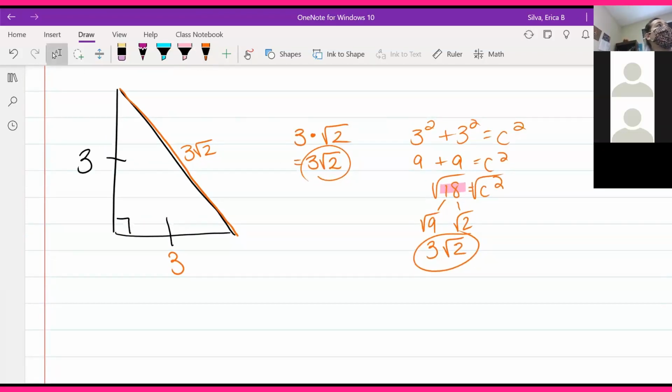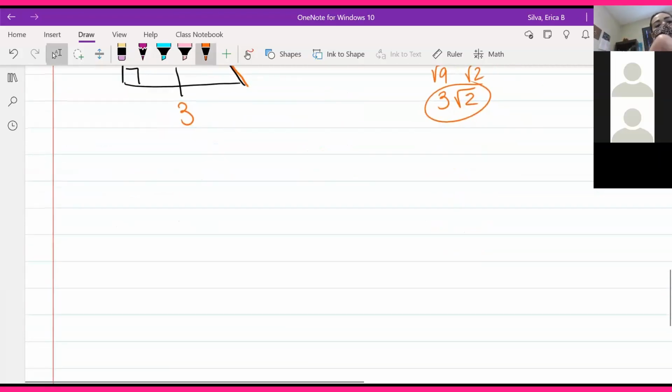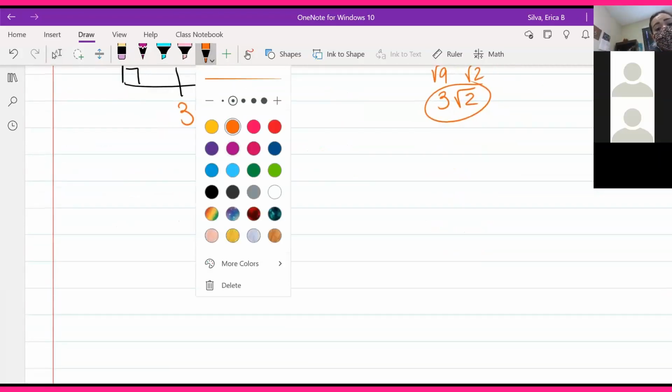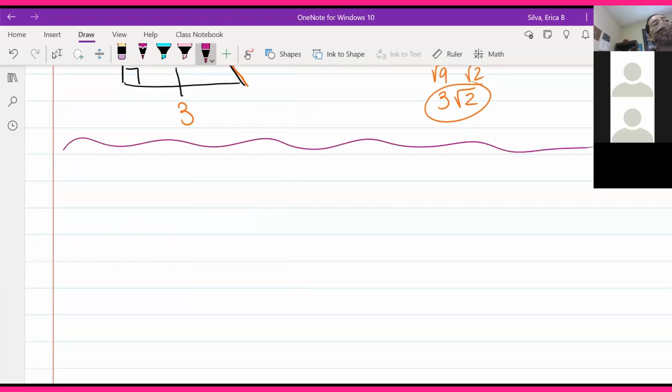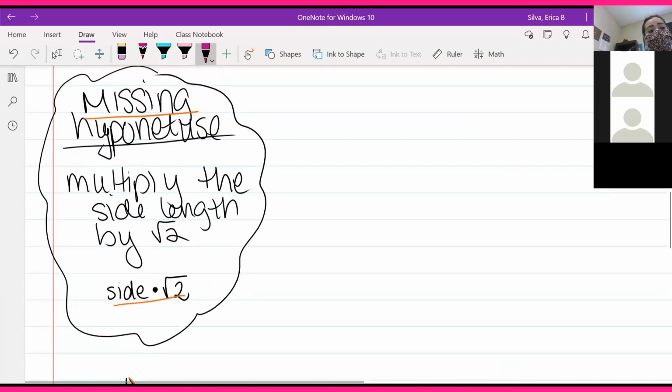But if you look at the relationship, if we know that both sides are equal and it's a 90-degree angle, then we can say that the hypotenuse is the square root of 2 times bigger than each side. And then what's the opposite of multiplying by the square root of 2? Dividing. So that makes sense, right?